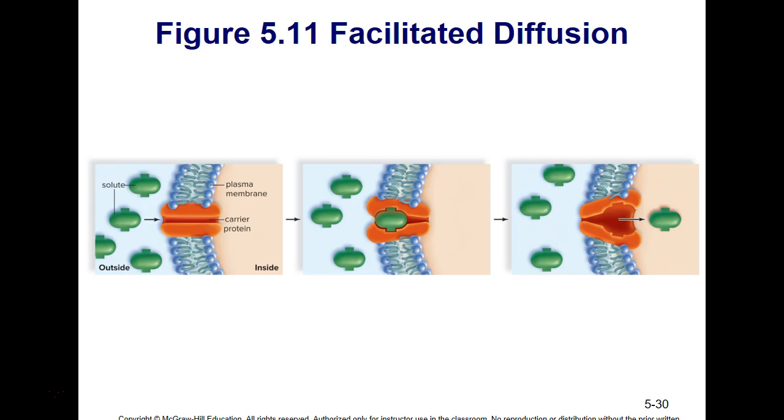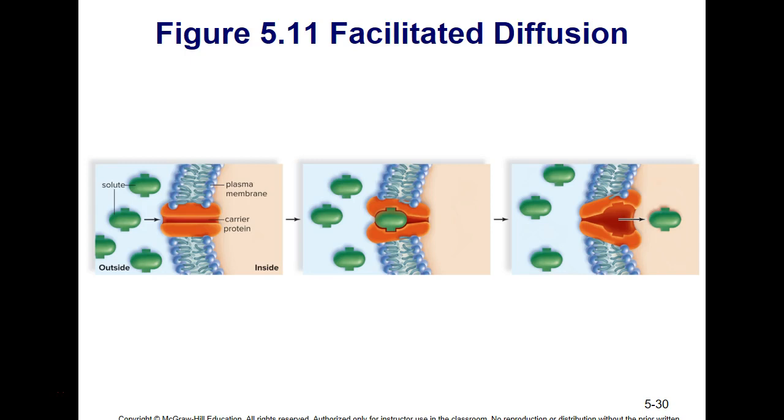If you look at figure 5.11, you have your solutes, which could be anything that can dissolve in water. It could be sugar, it could be dye, it could be sodium chloride or salt. And water is going to be your solvent.